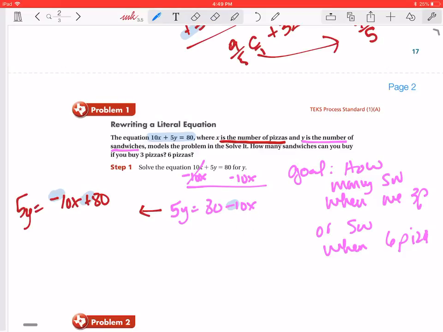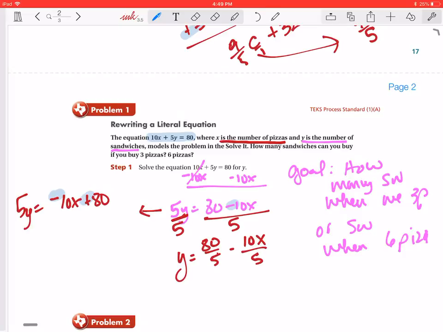Okay? Now, I've almost got y by itself. Well, now, they're a product. So 5 times y, that's a product or multiplication. So I'm going to divide by 5. I'm also going to divide this whole side by 5. Okay? So that's going to be y is equal to, now that means I can split these up. So that would be 80 over 5 minus 10x over 5.